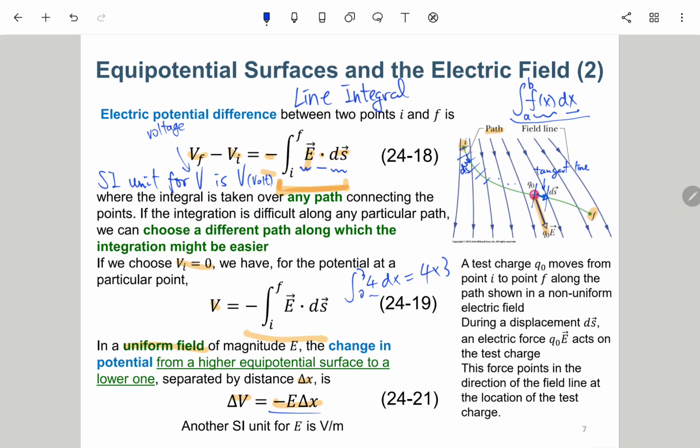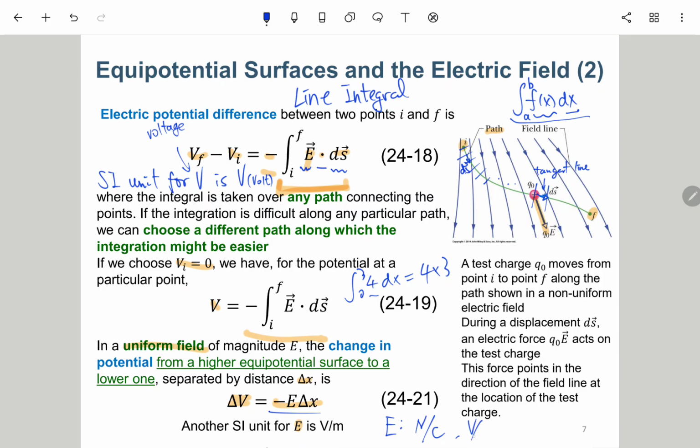So delta V has a unit of V, which means we can consider the SI unit for E to also be V over M. In chapter 21, we know that the E field has SI unit of N over C, according to the definition of Coulomb's force.